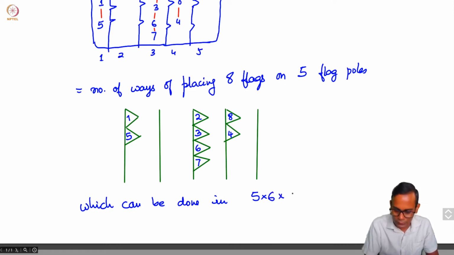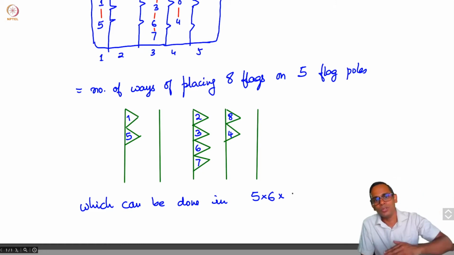And now for the third flag I have 7 choices, because firstly I can put it on any of the 5 flagpoles, but there are already 2 flags and I have to decide where to place it relative to those 2 flags. Now if those 2 flags were on separate flagpoles, then whether to place it above or below those flags would give me an extra choice.